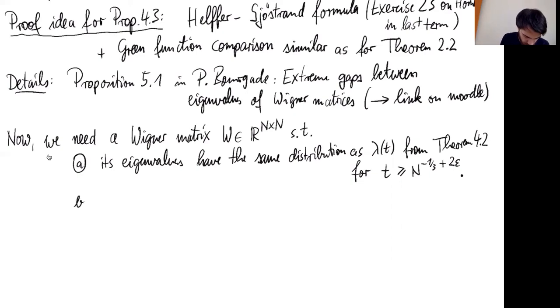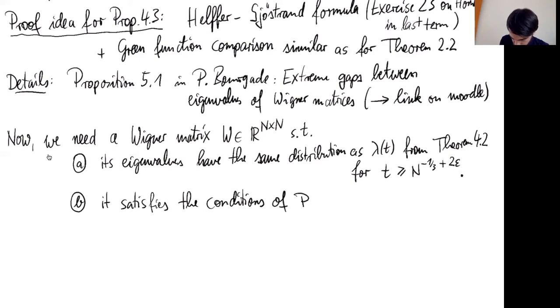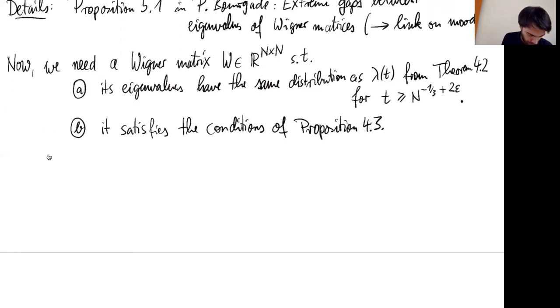And the second one is that it satisfies the conditions of proposition 4.3, because then we can compare it with the matrix H. And this we will do via the next lemma.